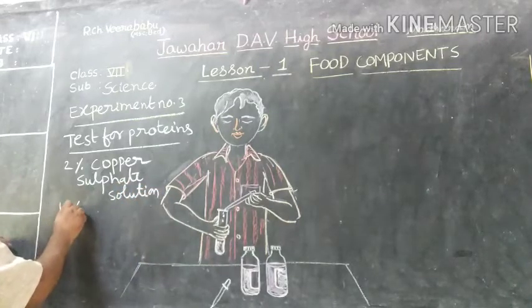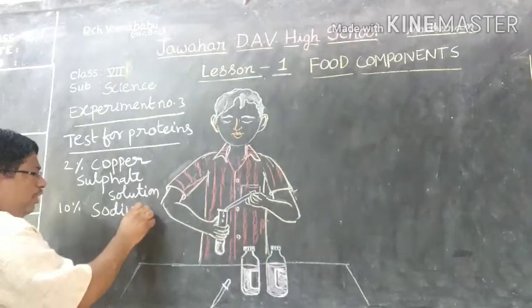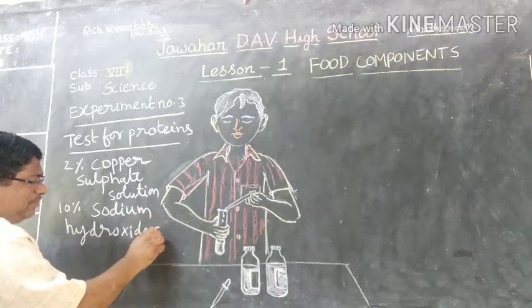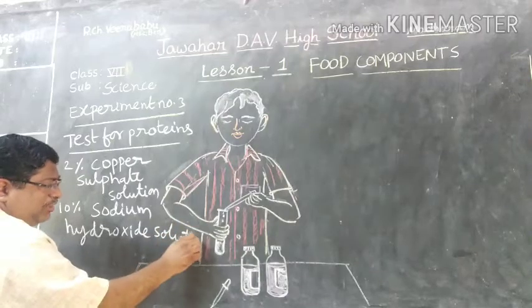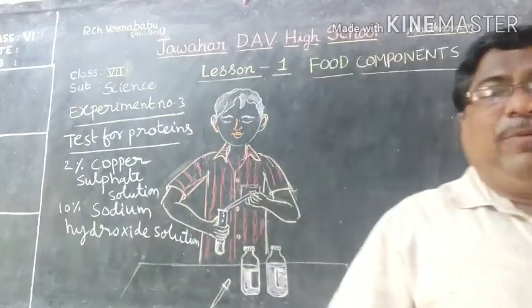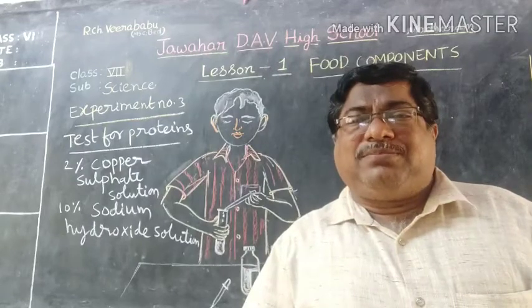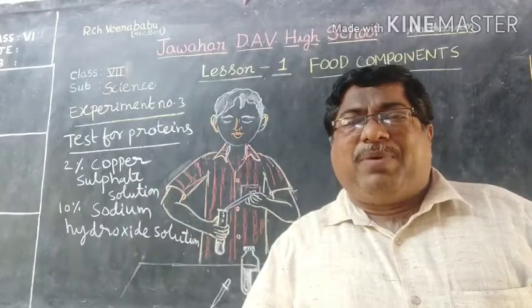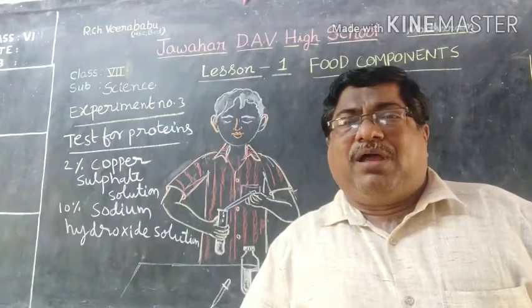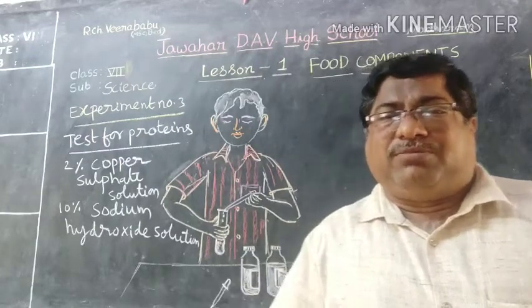Second one is 10% sodium hydroxide solution. So now here we have to prepare 2 chemicals. One is the 2% copper sulfate solution. Second one is 10% sodium hydroxide solution.